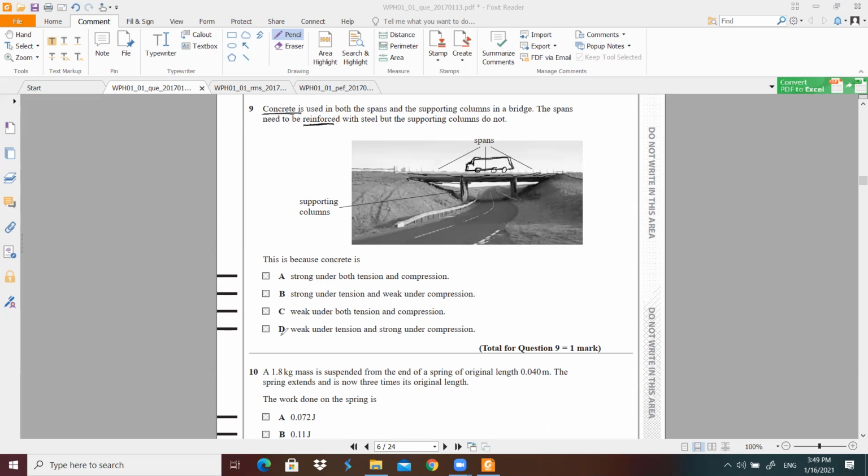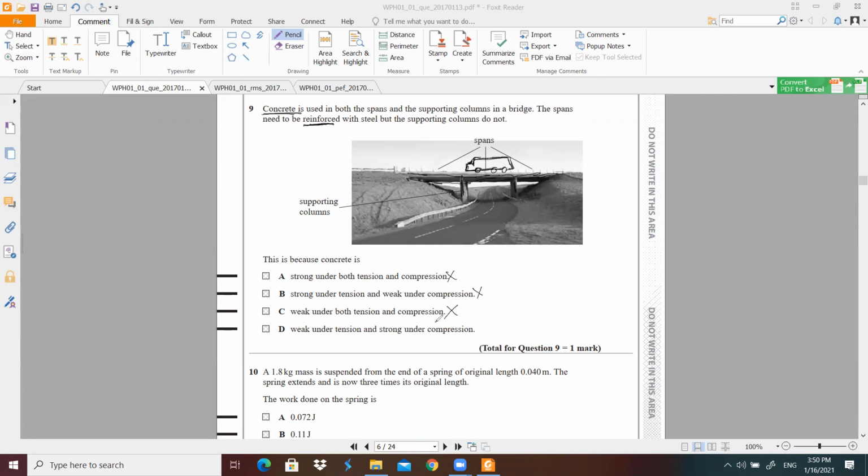Now you look for the answer. It's strong under both tension and compression? It's not strong under tension and weak under compression, just the opposite thing. It's weak under both? No, it's not weak under compression. It's quite strong under compression because you don't need the steel. You don't need to reinforce it with steel when it's compressed.